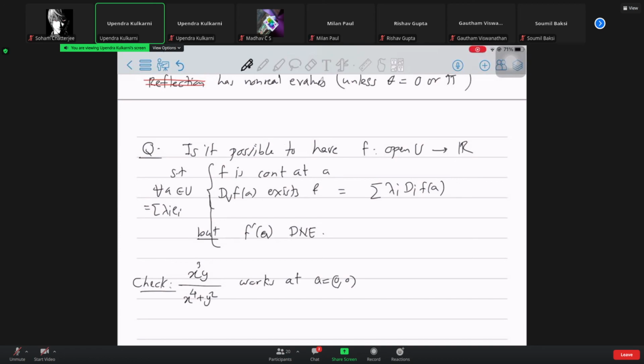Then I meant to ask, can you construct such a function that is continuous at the origin? When I was combining them, I forgot the phrase at the origin. Then it is a much simpler question. It is quite possible to construct a function that is continuous at the origin.